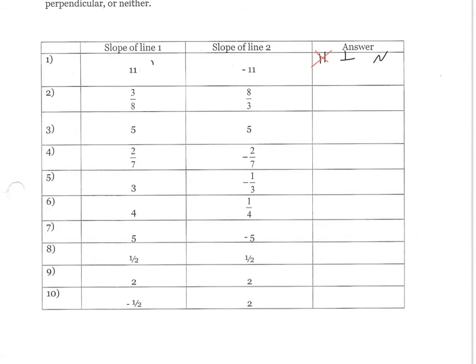So 11 would be 11 over 1, and the inverse would be 1 over 11. And if I look here, that is not negative 1 over 11. So it is not perpendicular. The only thing I have left is neither.